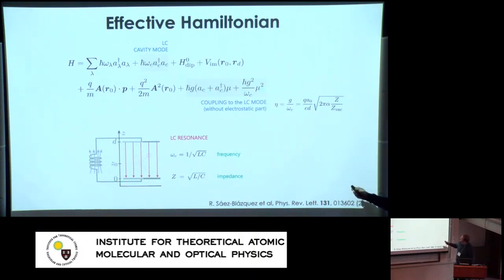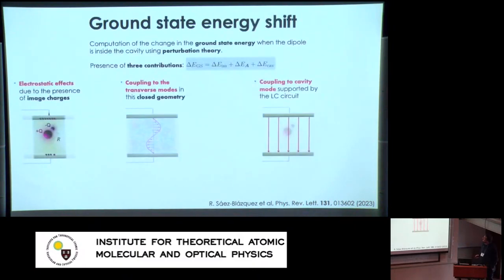This term that looks a bit like what people sometimes call the dipole self interaction is basically to cancel out the image charges that are already included in here. So if you remove the contribution of this mode to the image charges, you can remove this, but if you want to do it like this, you have to include this extra term.